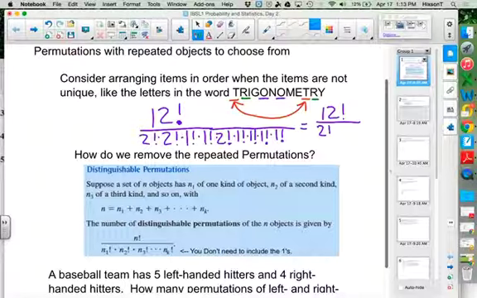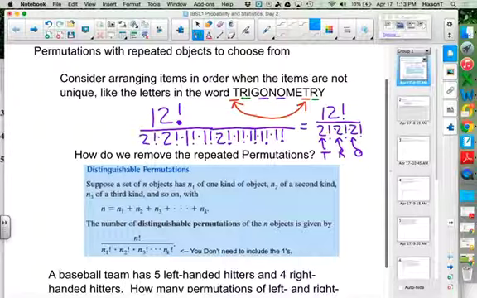So I would have 2 factorial, 2 factorial, 2 factorial, because the T's, the R's, and the O's are repeated twice each. So we have 12 factorial over 8, which is in the millions. If a letter was repeated 3 times, then it would be 3 factorial.